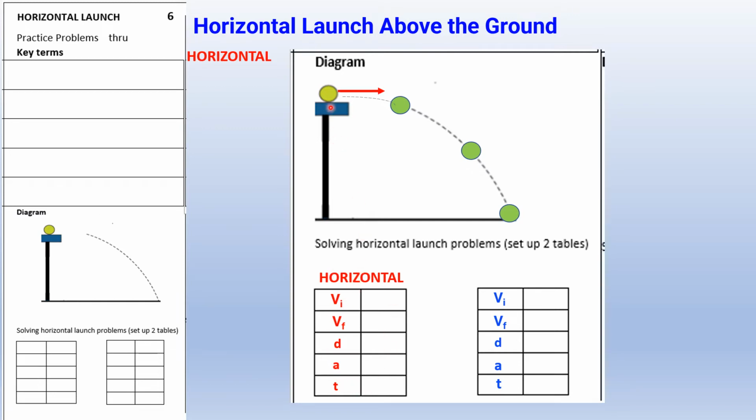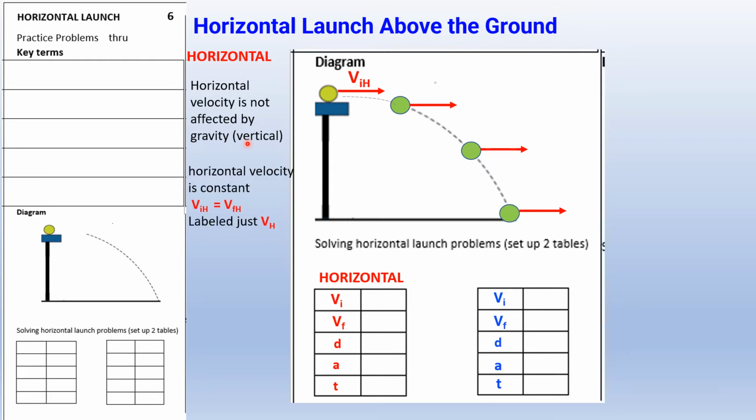So let me start with the velocity. This ball is going to leave the table with the initial horizontal velocity, and this velocity is going to remain with the same direction up to landing on the floor. So the horizontal velocity is not affected by gravity, which is vertical.